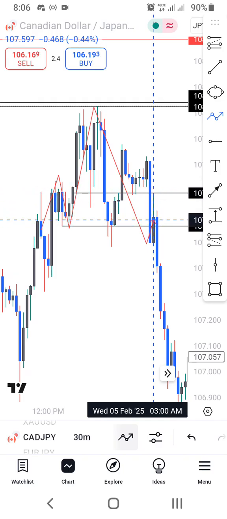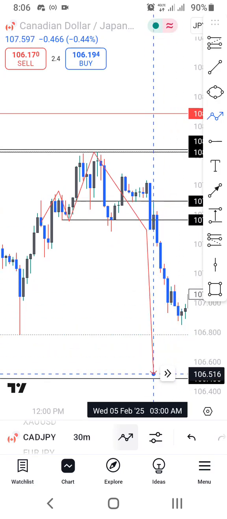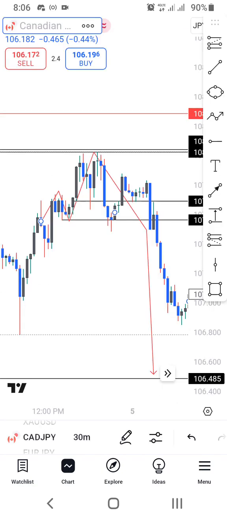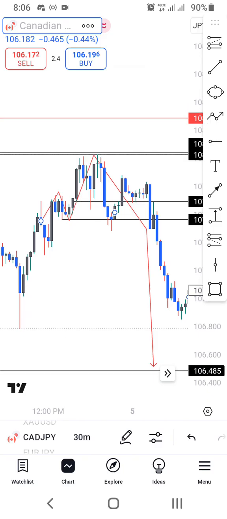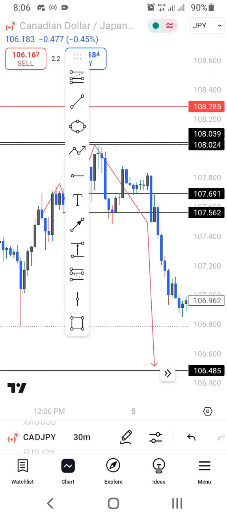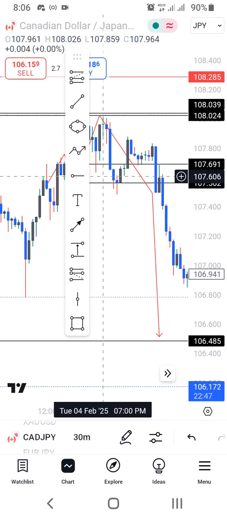Then you shift back below to this low. Yes, you can see the low here, the number. You can use it in your backtesting. This M5 liquidity I've left for you as homework.